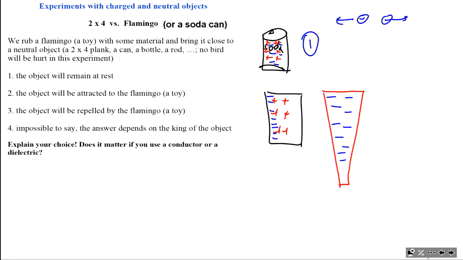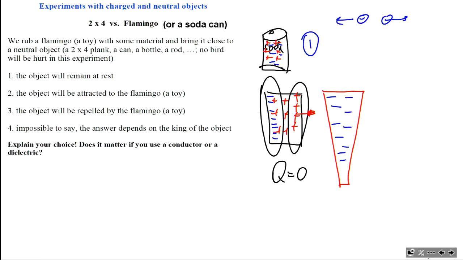Which means that we observe the separation of charges inside this can. The total charge still remains 0, but the charge distribution has changed. Now we have an extra positive charge closer to the bat, and because of that, we observe attraction.